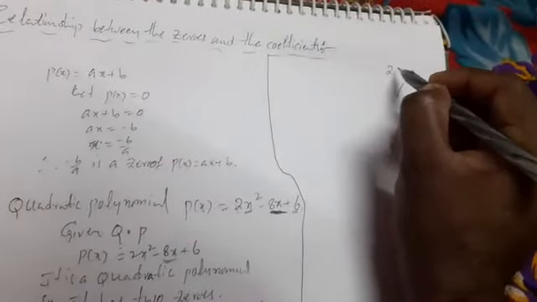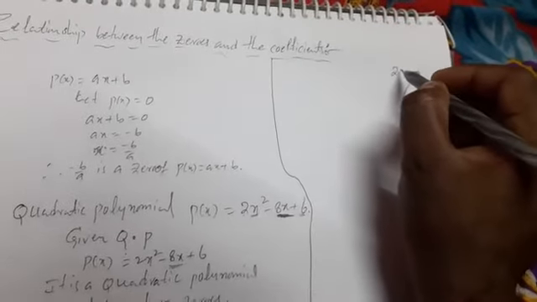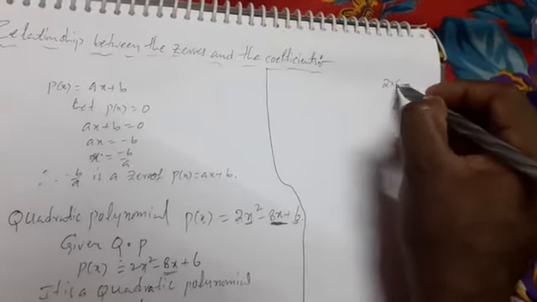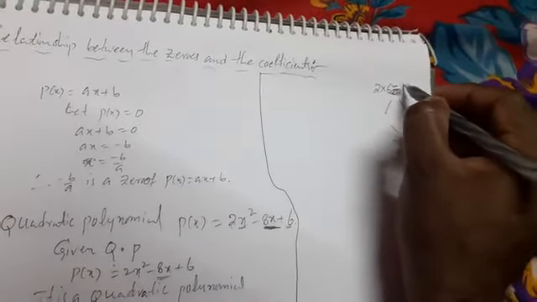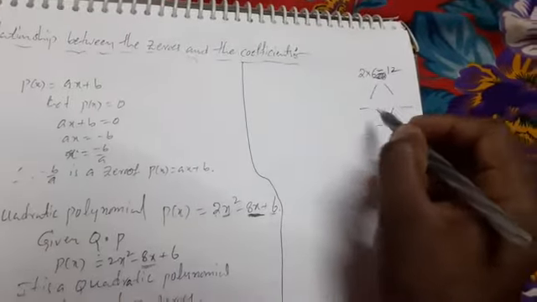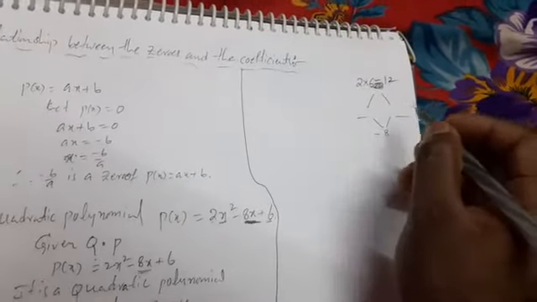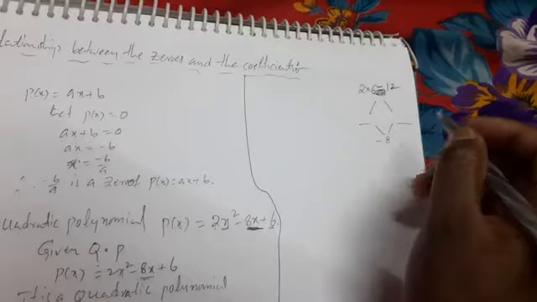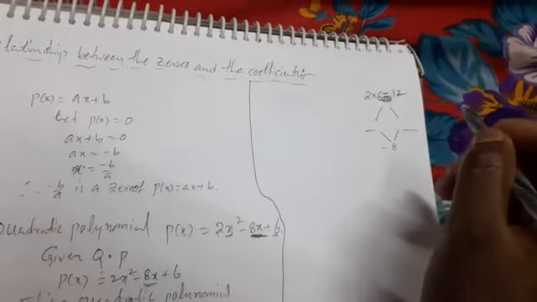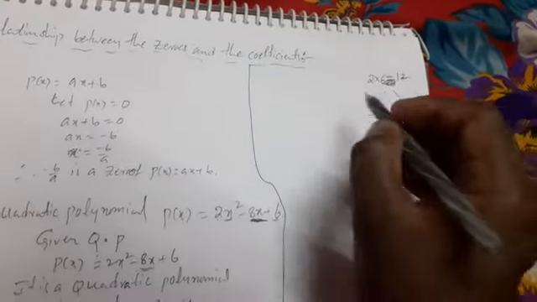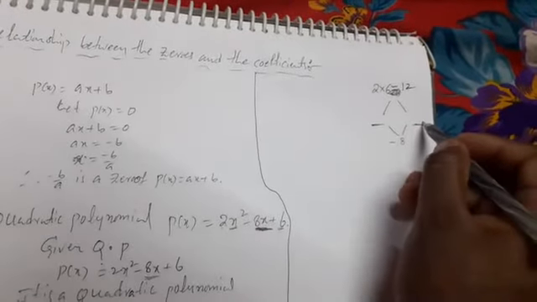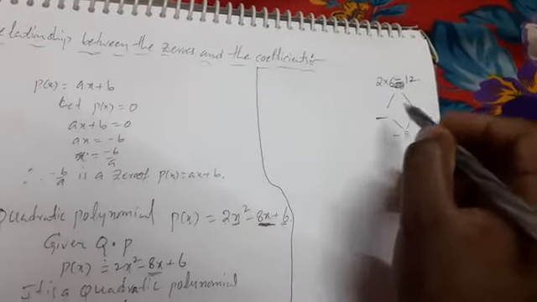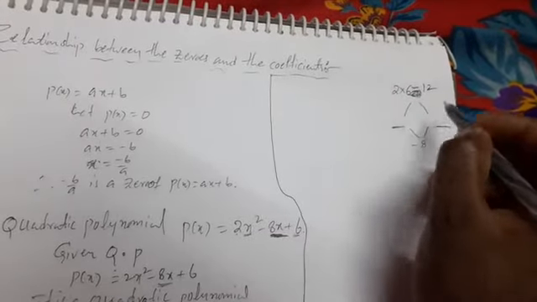So the product of the coefficient of x square and the constant will be 12. We need two terms whose sum will be minus 8 and whose product will be 12.